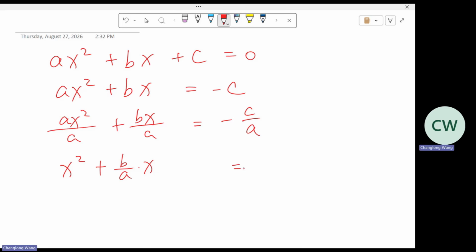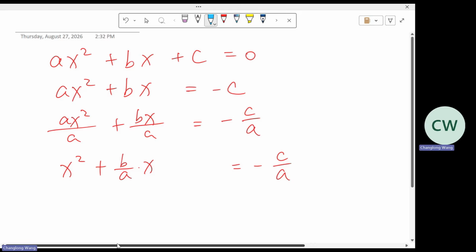All right, I'm gonna have some space here to complete the square. It's negative c over a. All right, now it's time to test how much you have got from the completing square drill with the numbers. What do you think I should add to the left-hand side to complete the square for those two guys?